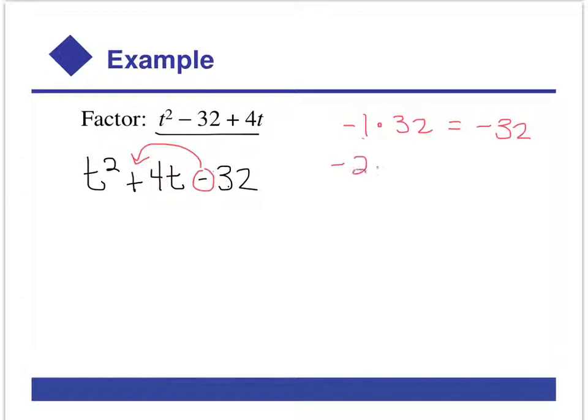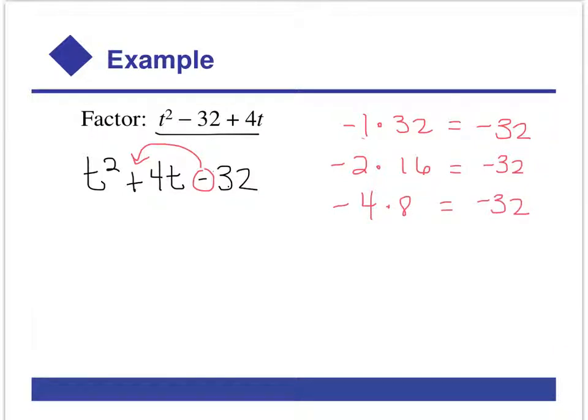How about negative 2 times 16, that's going to give me negative 32. And then how about negative 3, nope, 3 didn't go in, 4 does, what is it? You're right, it's 8. So we get negative 4 times 8 equals negative 32.